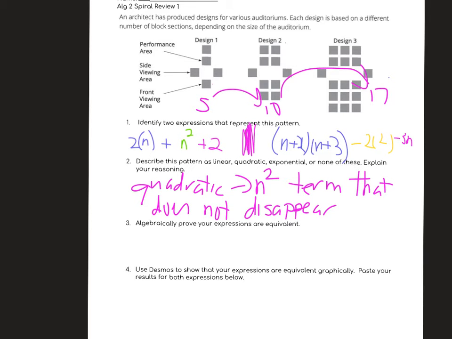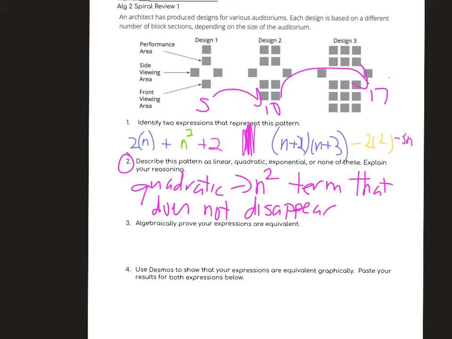This is another way you could defend your reasoning. That's not a linear pattern because the first step goes up by 5 and then the second step goes up by 7. And it's not exponential because from 5 to 10 is times 2, but 10 times 2 would be 20. That doesn't necessarily mean it's quadratic, but going up by 5 and then 7 and then 9, that is going to be quadratic.